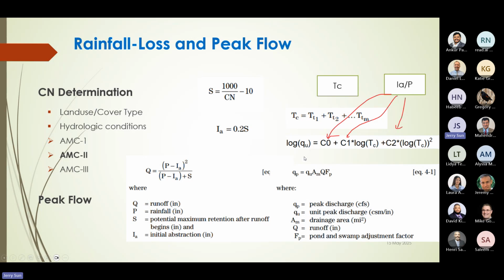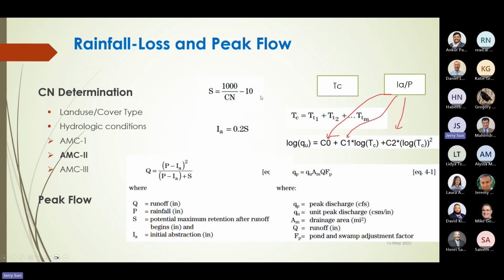Then after you come up with QU, you calculate the runoff. This runoff is just like calculating the depth. You don't calculate the flow, but you calculate how much water, for example, after 24 hours, how much water is left in excess after infiltration.